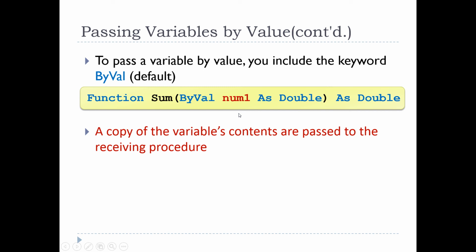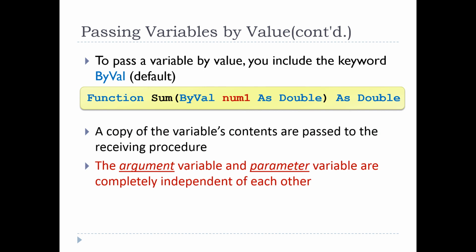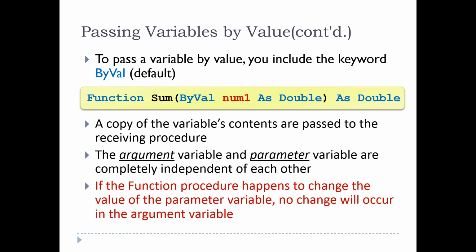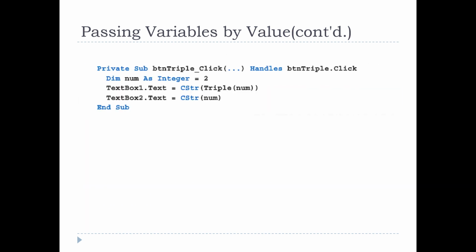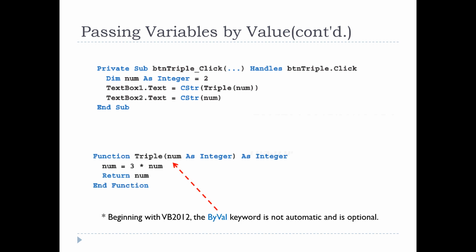A copy of this number, whatever the value is, so it's not the actual memory location of where it's being called from, but you just receive a copy of that number. And then they're completely independent. So if you change the value inside the function, it does not affect the outside. And I'll tell you what that means.